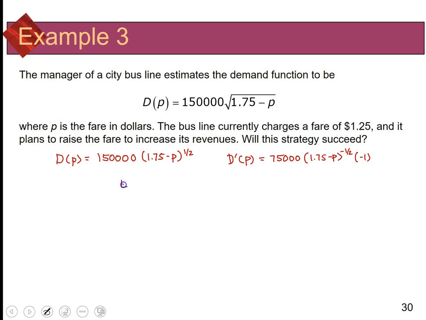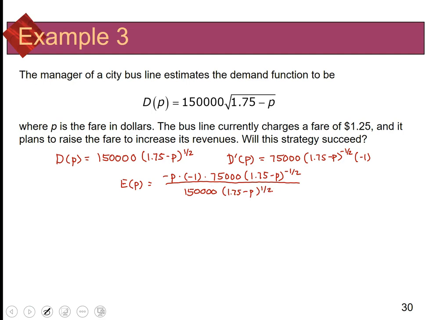So when I start calculating E of P, I'm going to have negative P times negative 1 times 75,000 times 1.75 minus P to the negative 1/2, all over 150,000 times 1.75 minus P to the 1/2.